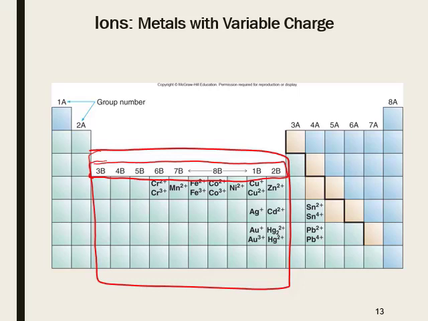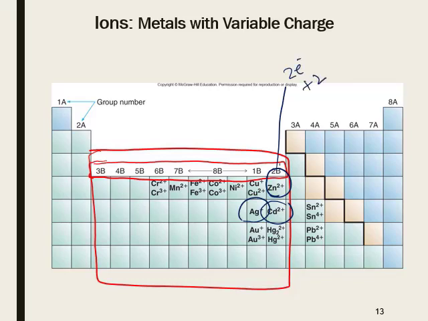There are a couple of exceptions in transition metals. That exception is zinc, silver, and cadmium. So these three are exceptions, which means that zinc will always lose 2 electrons, so it will always have +2 charge.